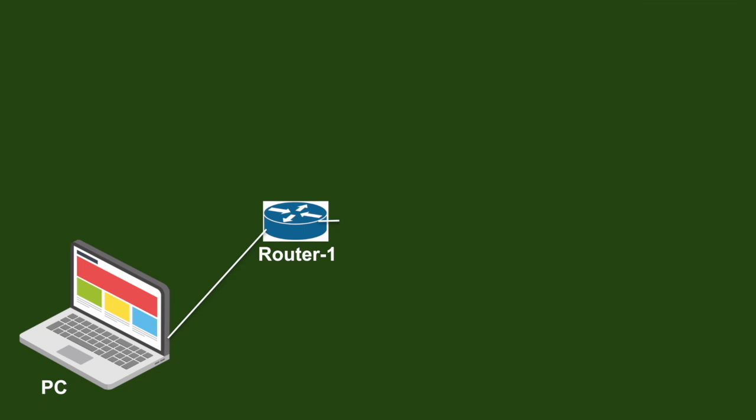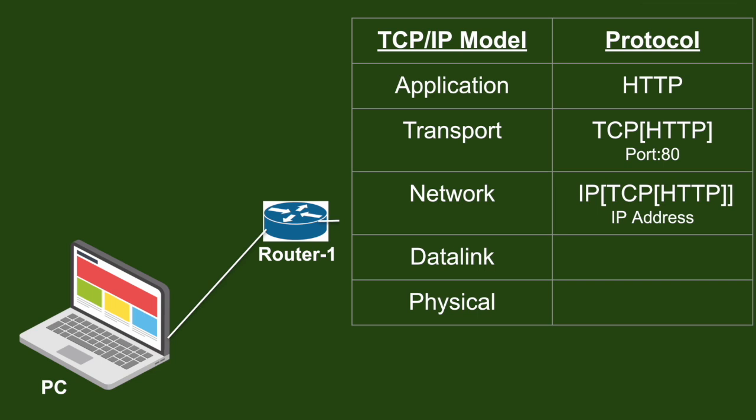So the PC knows that to reach the server, it has to send the packet to router 1. Now at the network layer, which deals with IP addresses and routing, the TCP and HTTP get encapsulated into the IP header.